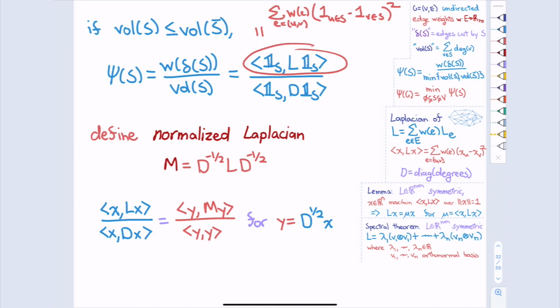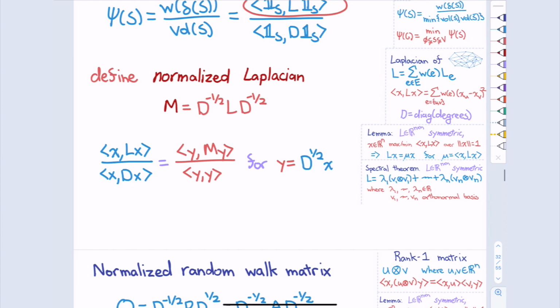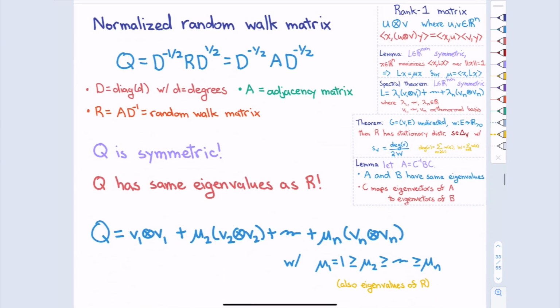All right, towards further connections, this is a slide from last class. Just a reminder, we were studying this randomized walk matrix, and we wanted to pull out some information about its eigenvalues, but the problem was it's not symmetric, so we couldn't use our tools directly. But we did notice that if you adjust R a little bit, like this D to the minus 1/2 R D to the 1/2, then you get this matrix Q that is symmetric.